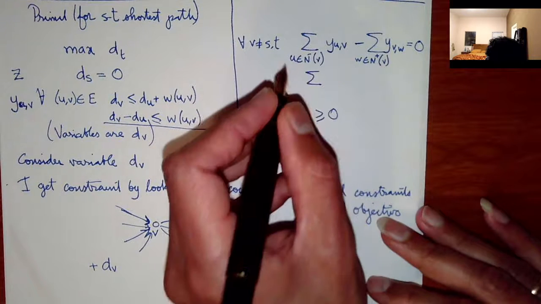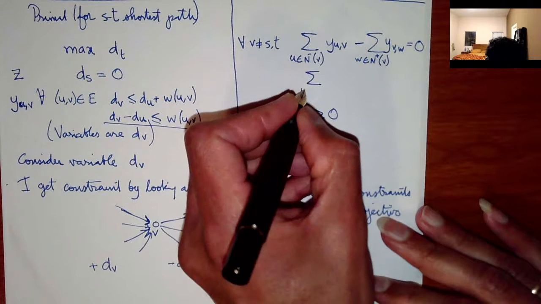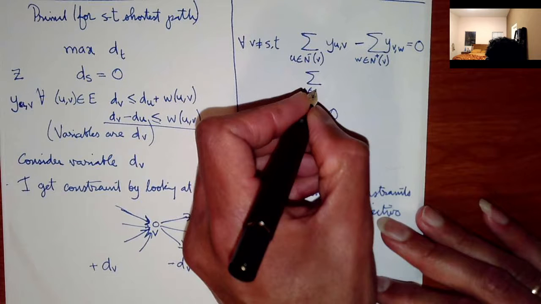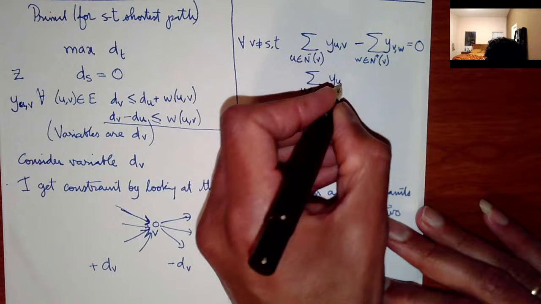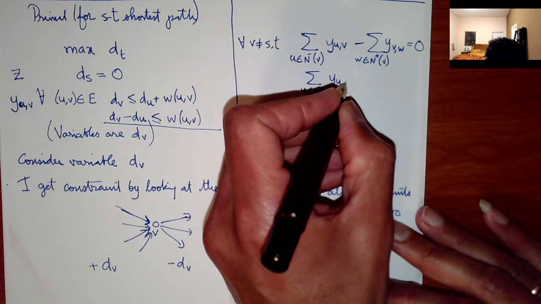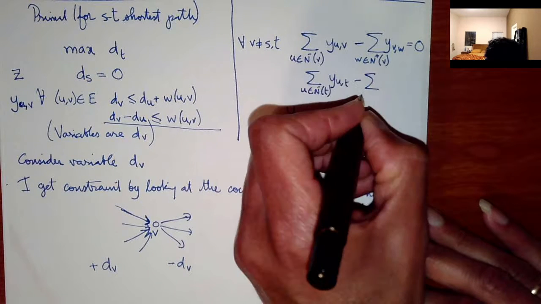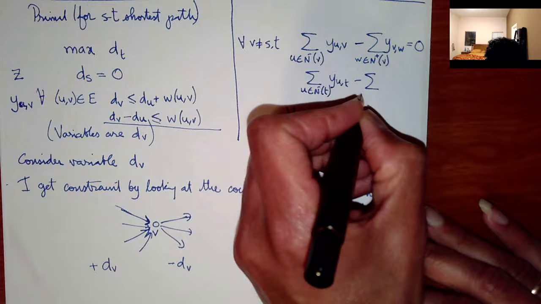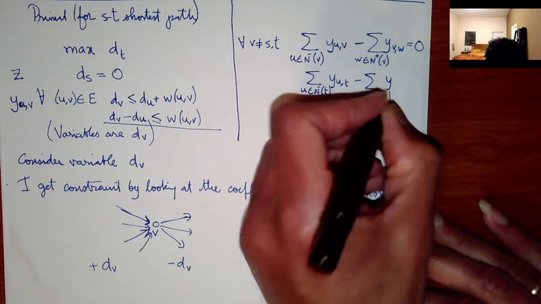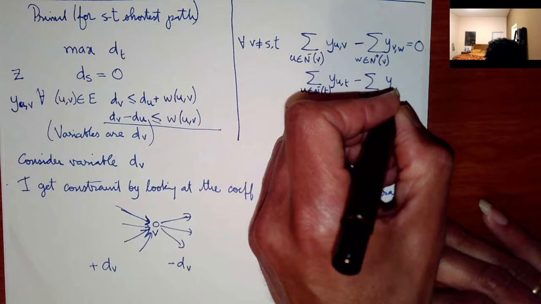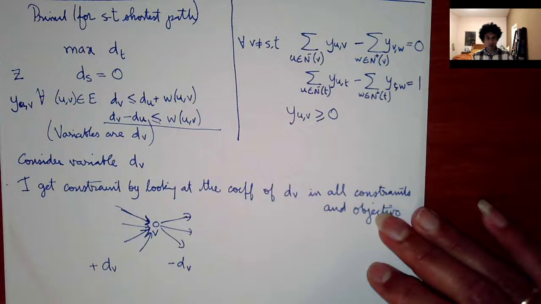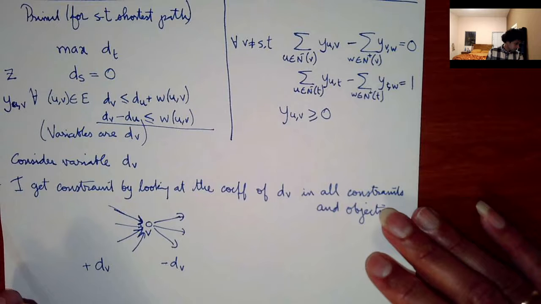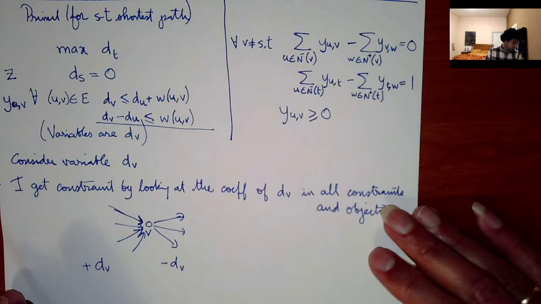So I get the summation over u in the in neighborhood of t of y_ut, minus the summation over w in the out neighborhood of t of y_tw. And this is going to be equal to 1.